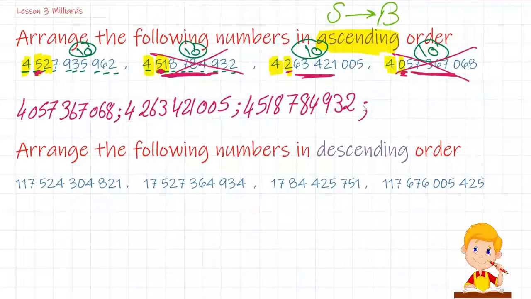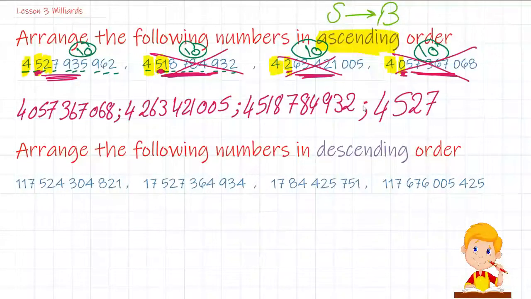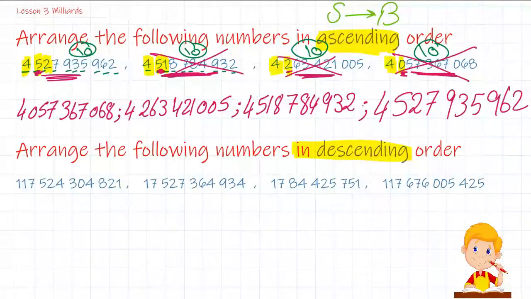And the last number here is this number, which is the biggest number, which is 4,527,935,962.